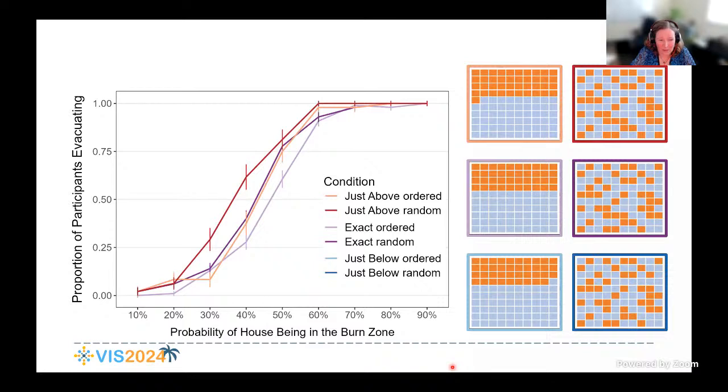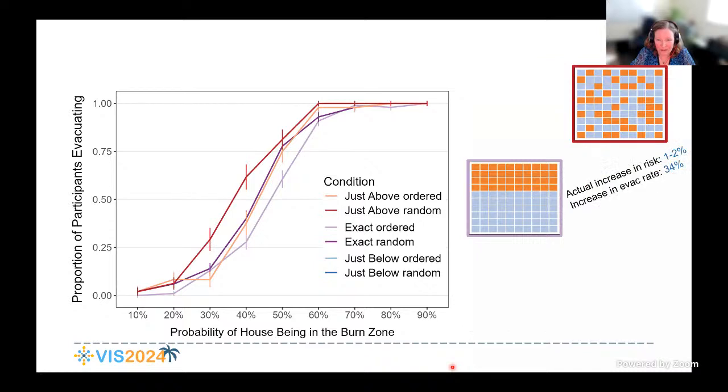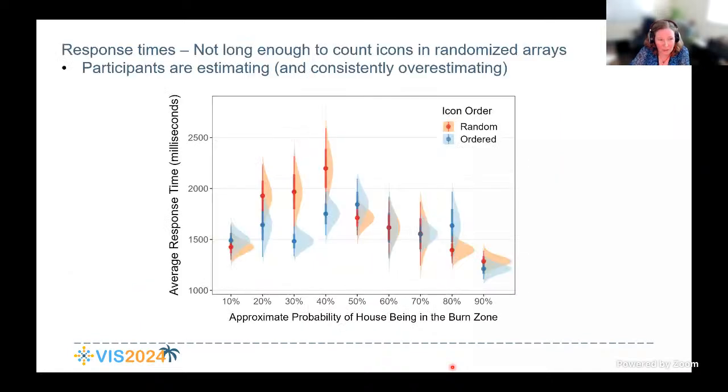Just as one example of how big this effect is, in the 40% risk condition, again, we're having an actual increase in risk of 1 to 2%, but the increase in evacuation rates was 34% on average here. So it's having a big effect on people's decisions. We looked at people's response times for these stimuli, and we did find that they were spending significantly longer on the randomized icon arrays than the ordered arrays, but still their average response times were about 2 seconds.